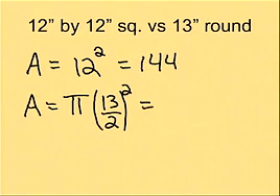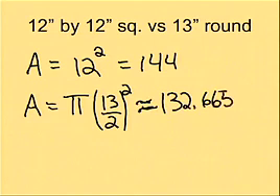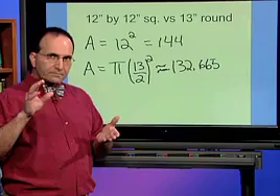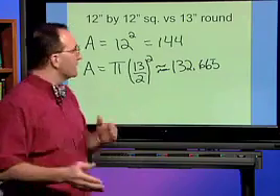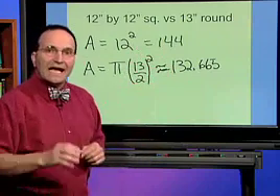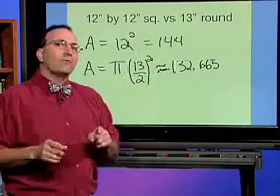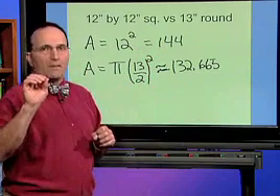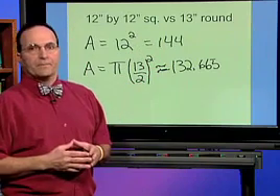When we multiply all of this out and convert pi, we get approximately 132.665. But what we can clearly see is that the area of the square stones is larger than the area of the circle, and therefore the square stone will give us the most stone for the money.